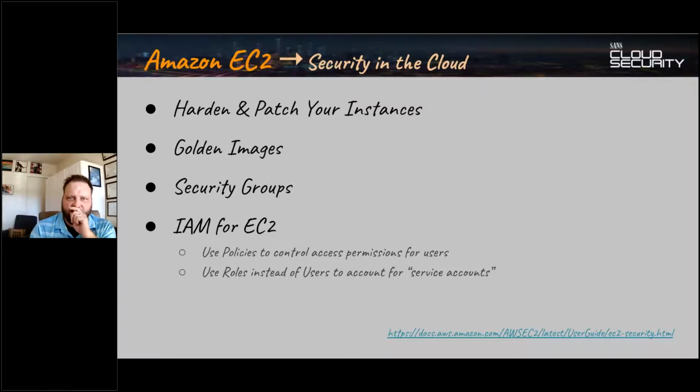A couple other things about security groups before I move on. Again, they act as a virtual firewall that controls the traffic for one or more instances. And as such, security groups should only be created as needed, again, with the specific rules that they need for the intended use case.